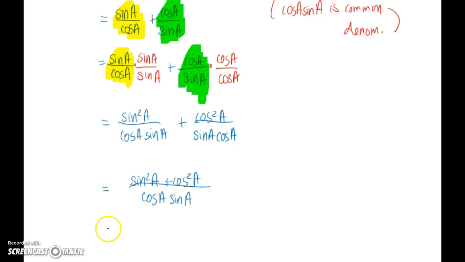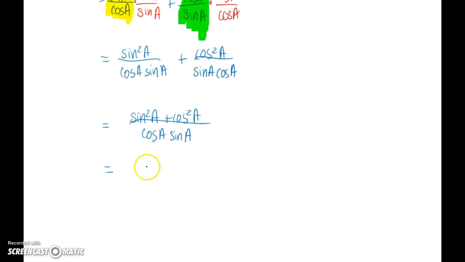To continue, sine squared plus cosine squared is 1. That's your Pythagorean identity. So this becomes 1 over cosine A sine A.